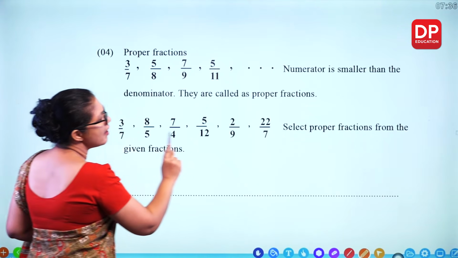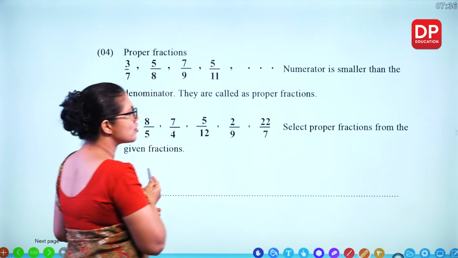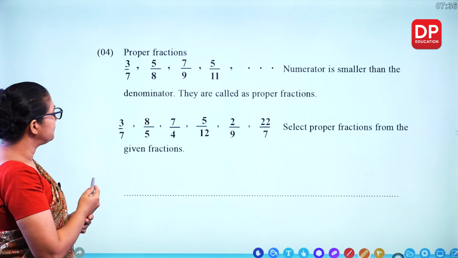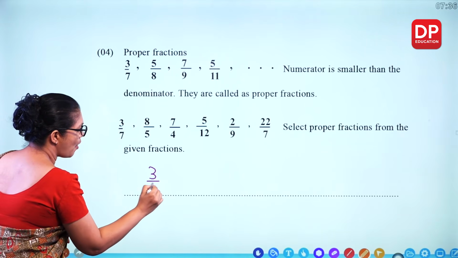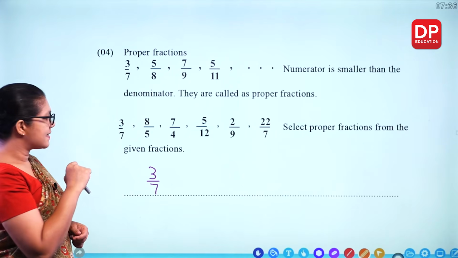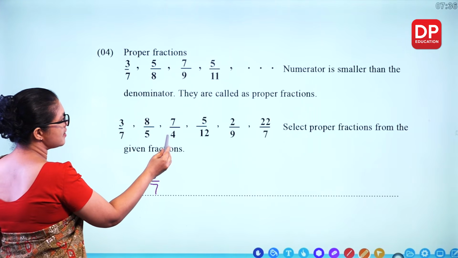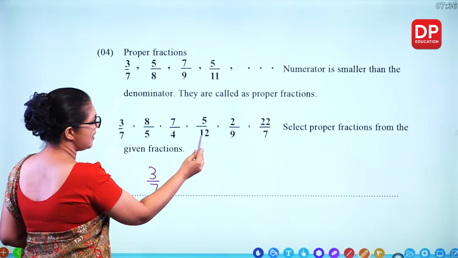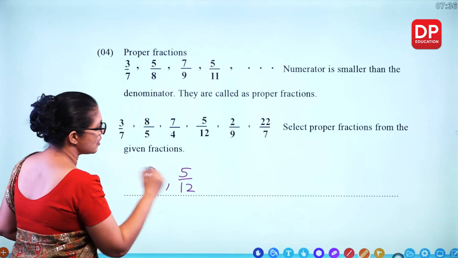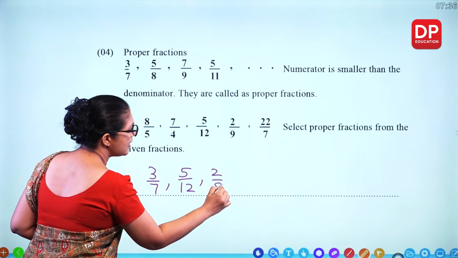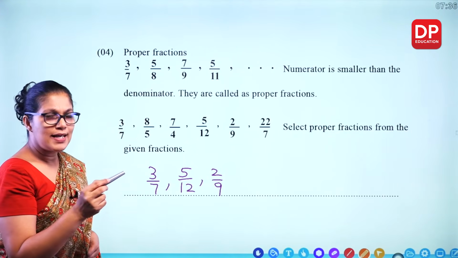Now select proper fractions from the given set. Here, this is a proper fraction because 3 is less than 7. We can't take this one. We can't take this one. Here we can take 5 over 12. That's a proper fraction. 2 over 9 we can take, but we can't take 22 over 7.